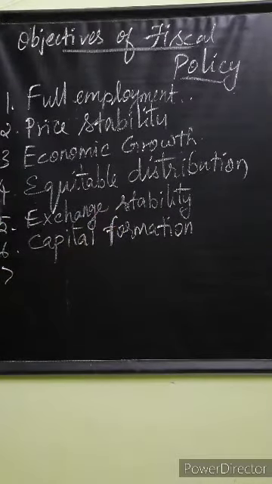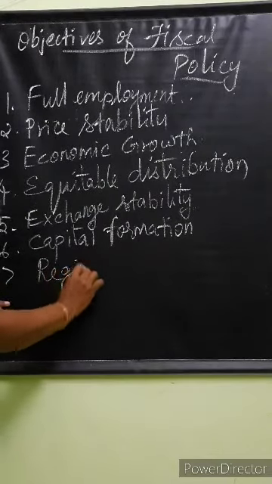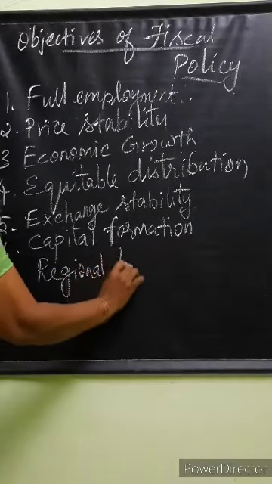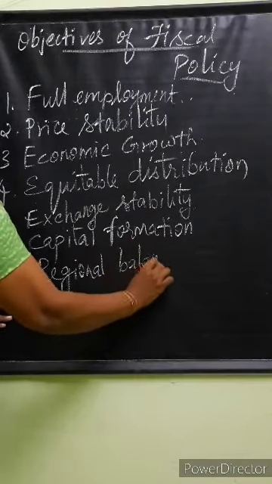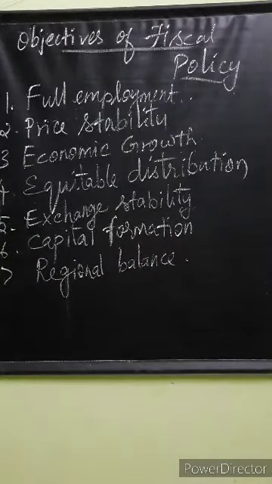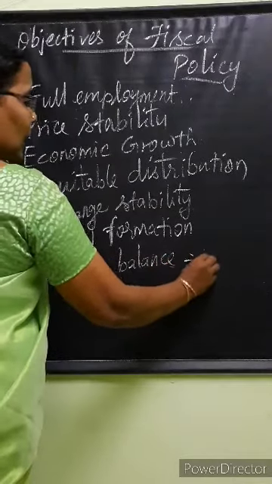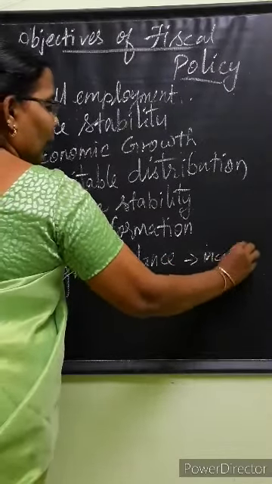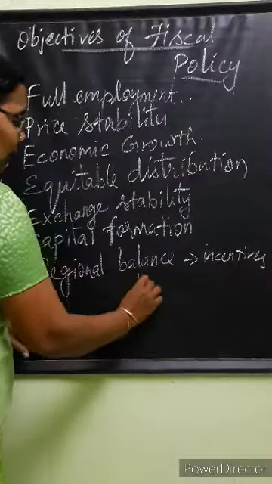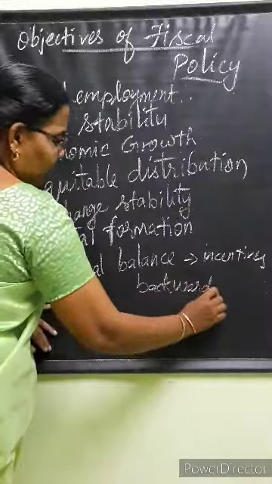And the last one is regional balance. It gives incentives for industries in the backward regions, isn't it? Sometimes the fiscal policy gives incentives to the backward regions, the regions which are very poor in industrial sector.